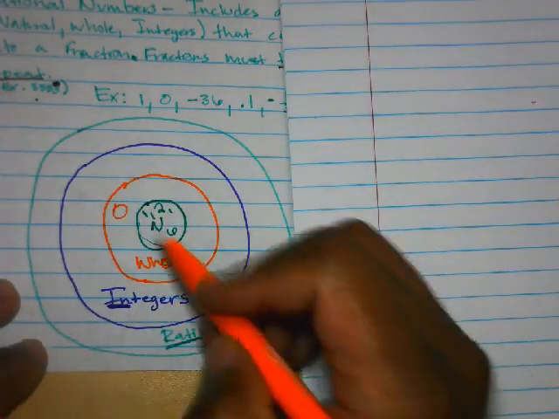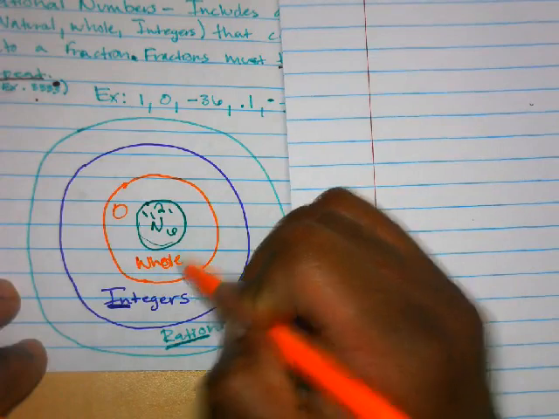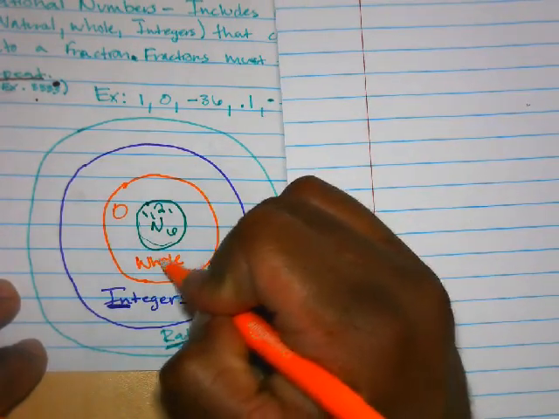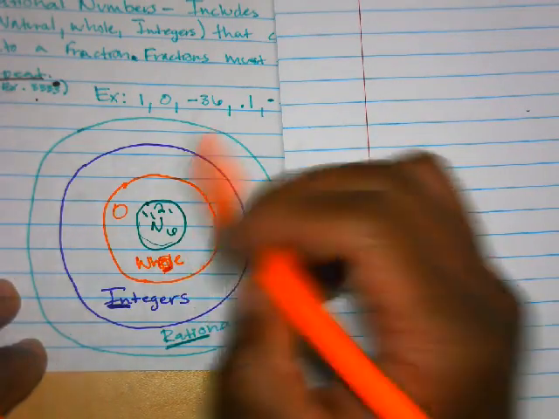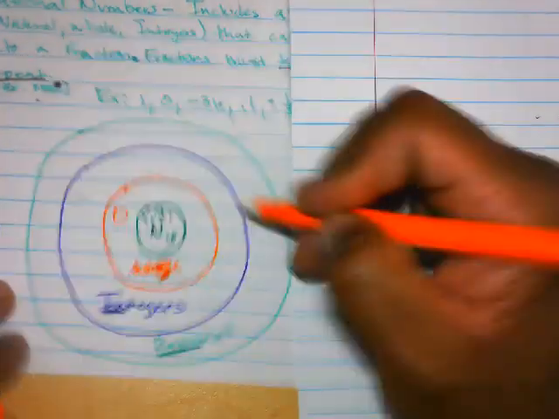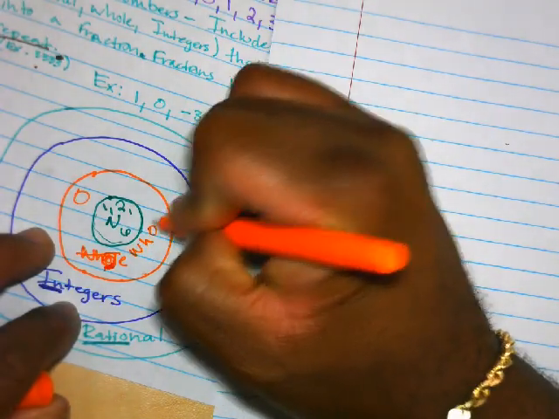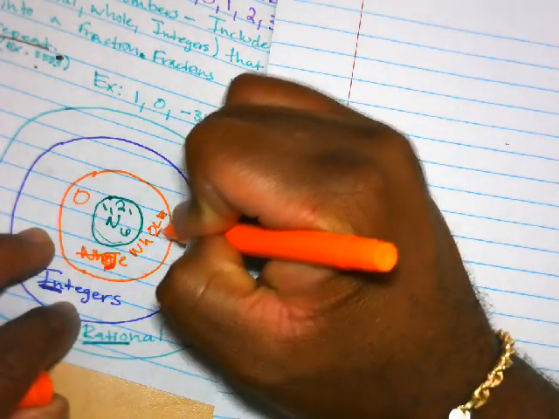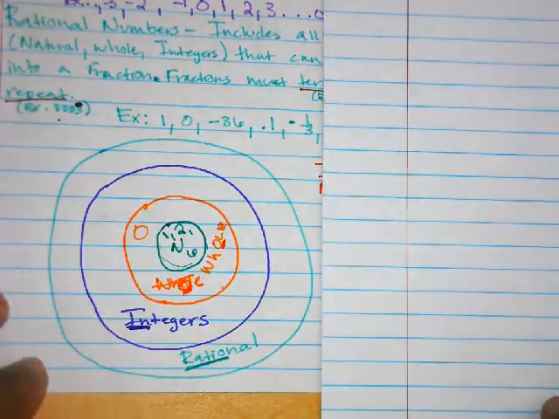To remember this, we have the word whole, W-H-O-L-E. The O should remind you of a 0. Let that O remind you of the 0 in whole numbers.